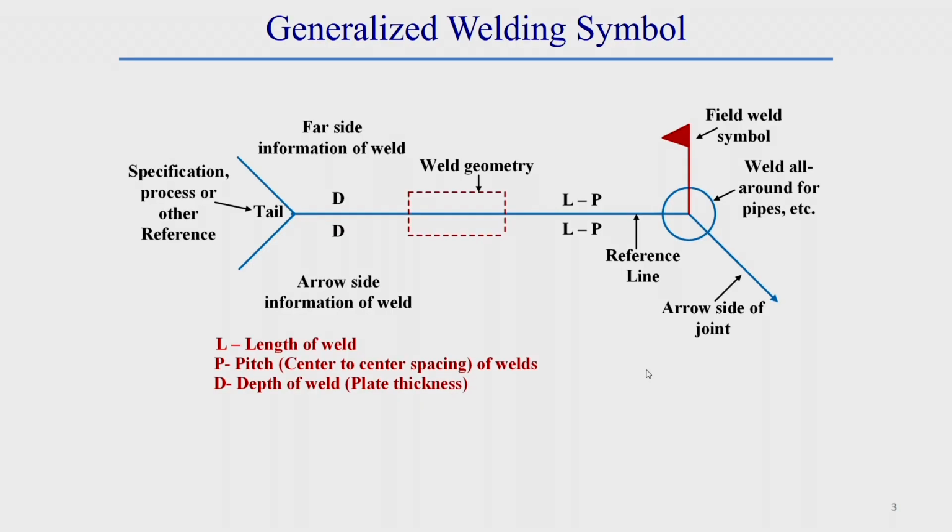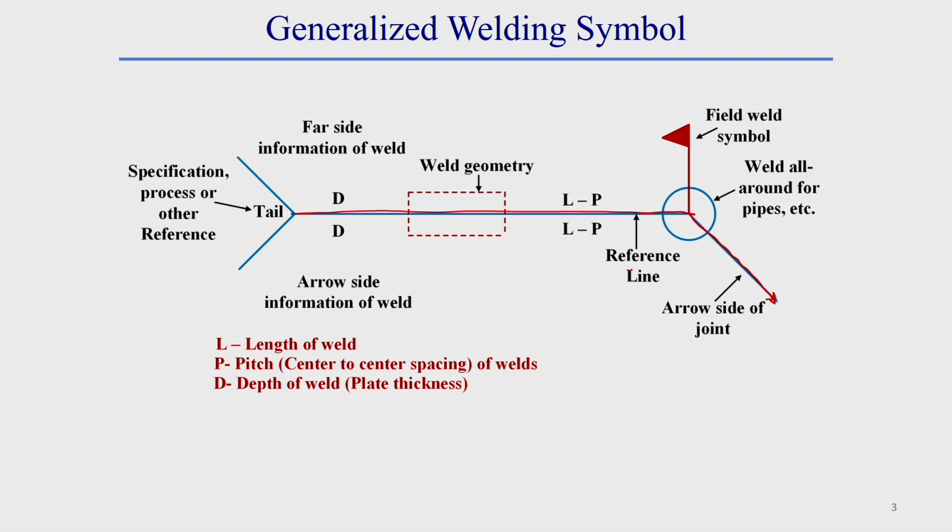This generally represents the welding symbol. This is a generalized welding symbol. Here I am showing this line, from the arrow line, from here to here. This line is generally called the reference line.